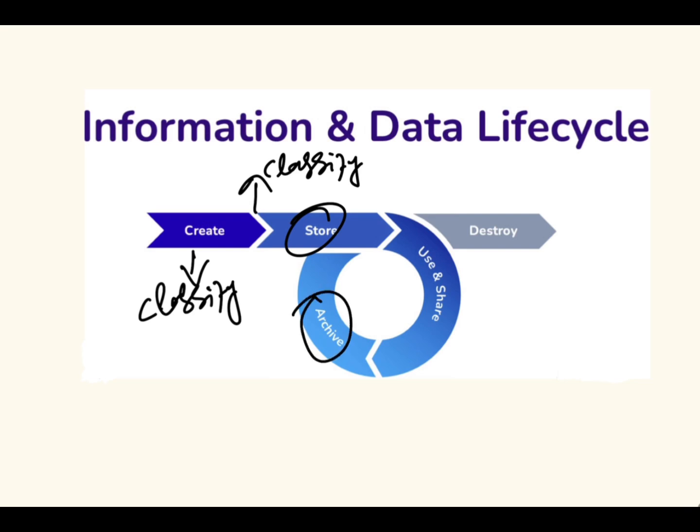The next step is archive. Inactive data is moved to long-term storage for compliance or historical reference when the data is no more in use for any business operation. Data is no more relevant, so we can archive it. Security measures are more or less the same: encryption, and a retention policy, which is another important thing.